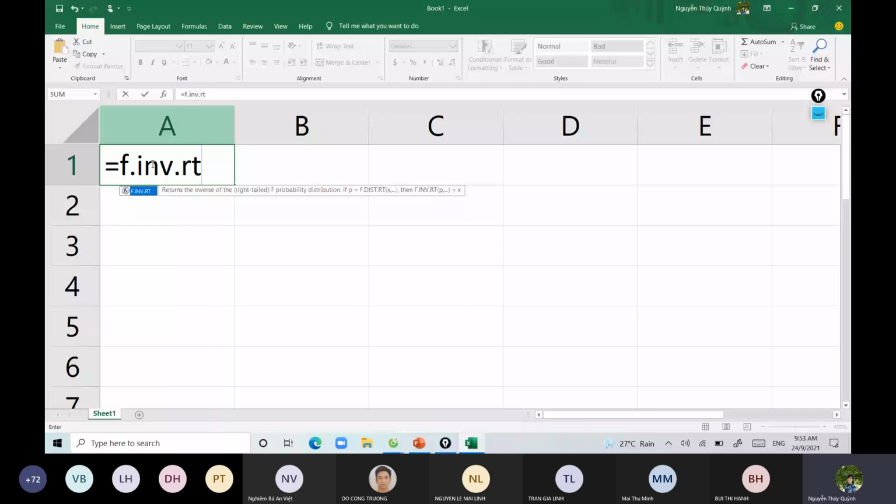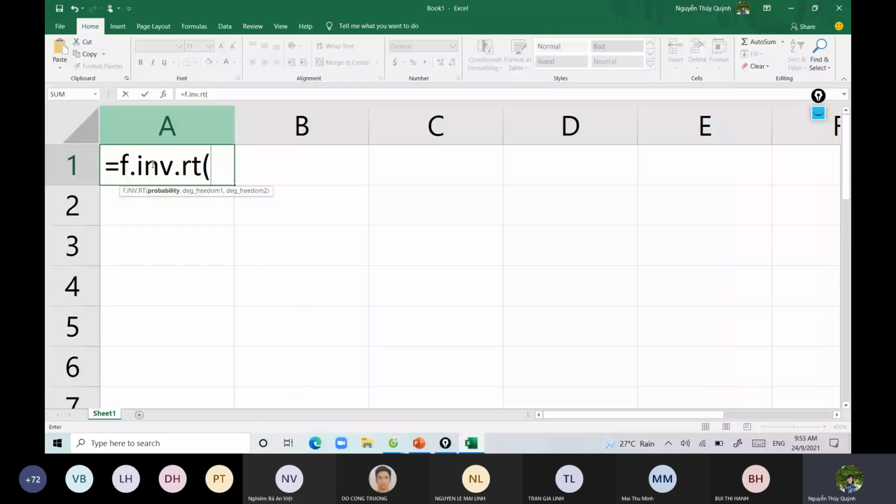That's why for the critical value, please use the function F.INV.RT. In the parentheses you provide the level of significance and also the degrees of freedom for the numerator and the denominator.